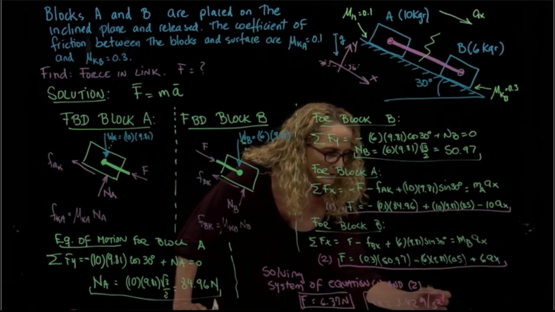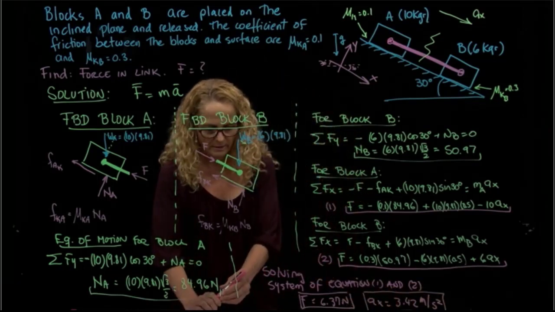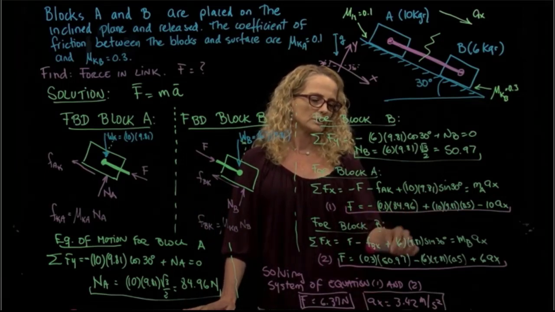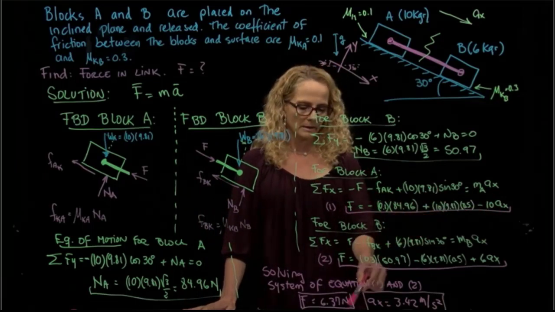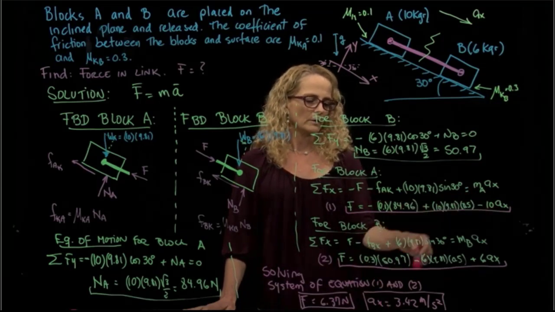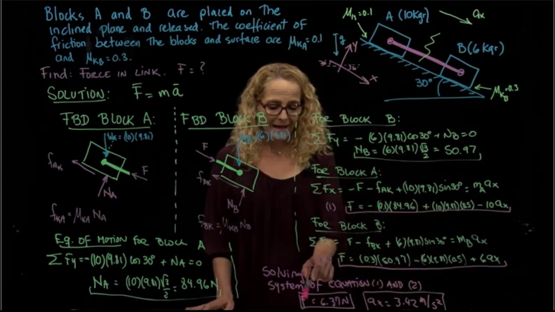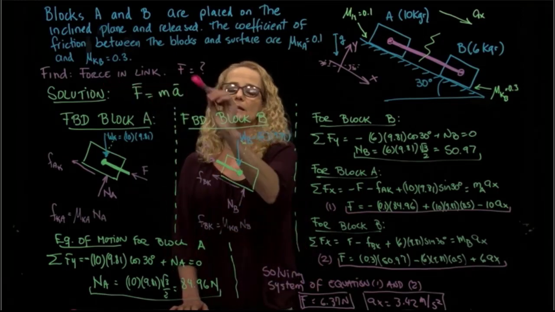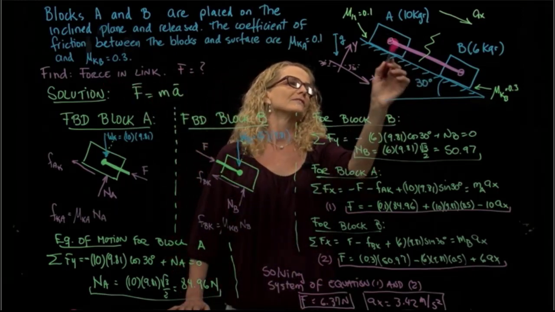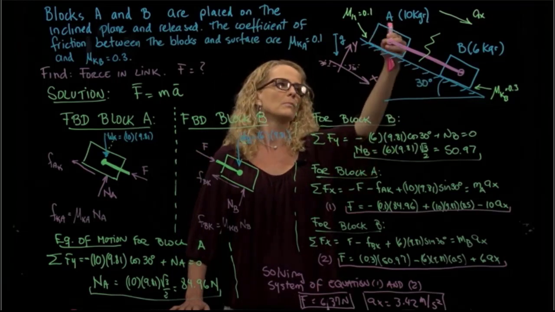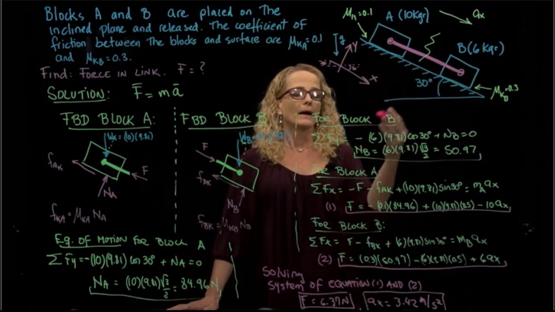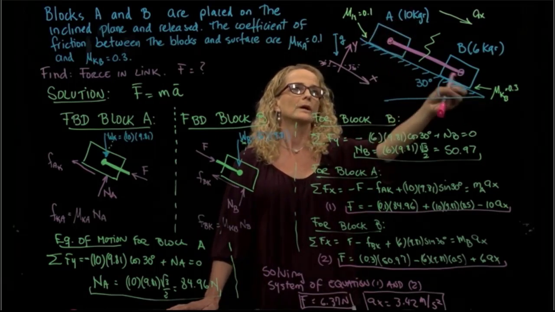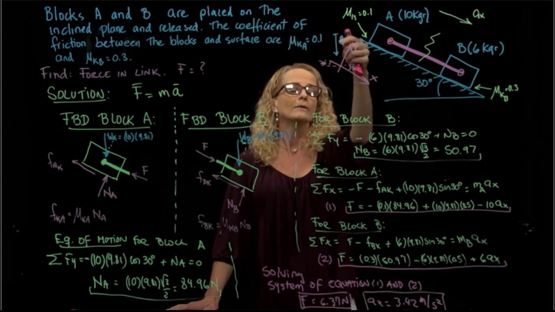So please solve the system of equations and get the results yourself, but what you have to do is just make those two equations equal, solve for AX, and then plug that AX into one of the equations and you find F. And that F is what we were looking for, which is the force in the link, the force developed in that link when we release both blocks, and an acceleration is created because they are subjected to gravity.